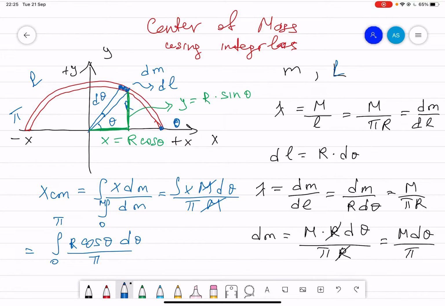That's it. The rest you can solve yourself for the center of mass for x.